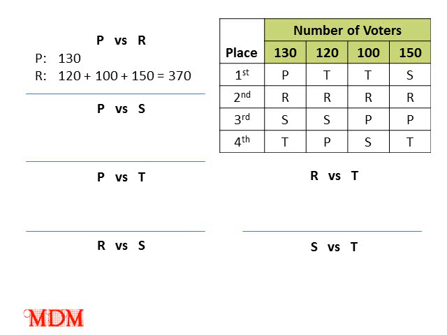And then as we look at the second ballot, Rita is ahead of Paul, so all 120 of those votes go to Rita. Looking at the next ballot, Rita is again ahead of Paul, so the 100 votes here go to Rita. And finally, in the last ballot, Rita is ahead of Paul, so those 130 votes go to Rita. Rita now has 370 to Paul's 130, and so the winner in this particular matchup is Rita.